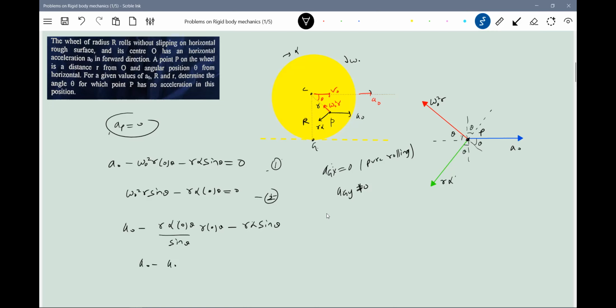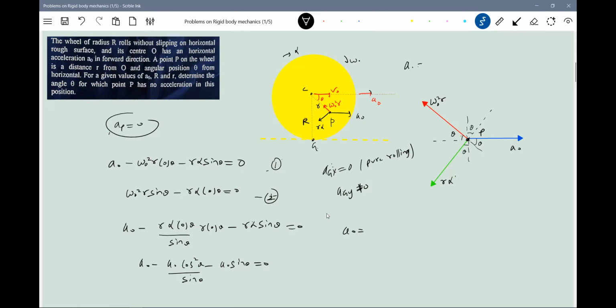Okay, this will become A naught cos square theta sin theta, all set equal to 0. So this should become... one capital R is missing. Okay, got it.